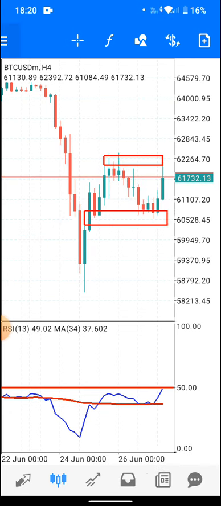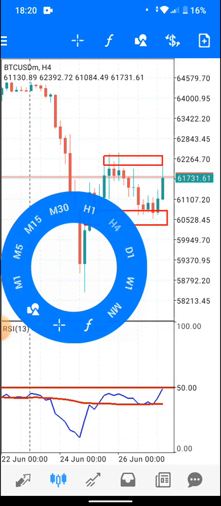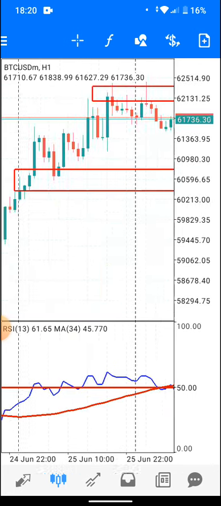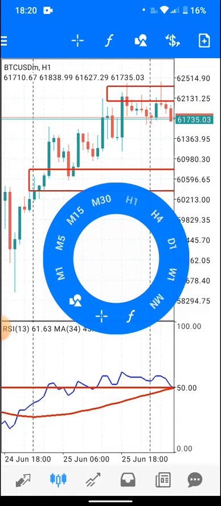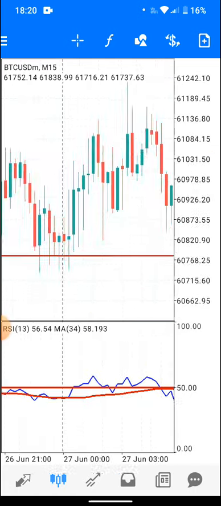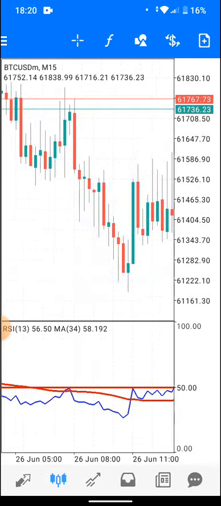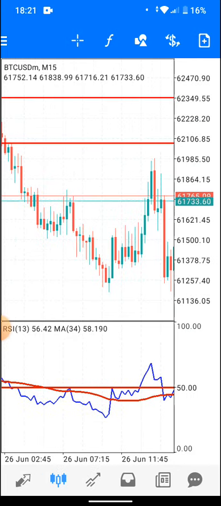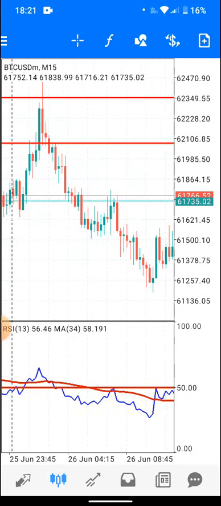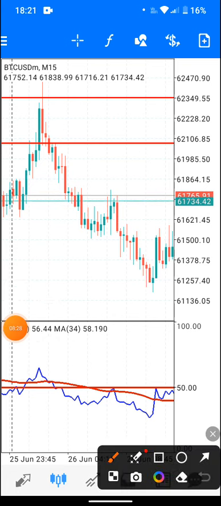Okay, I'm going to show you other confirmations that you are going to use to enter. So you can see this. Let's go to the lower time frame, so you can see. Okay, so you see at the top here is our resistance.